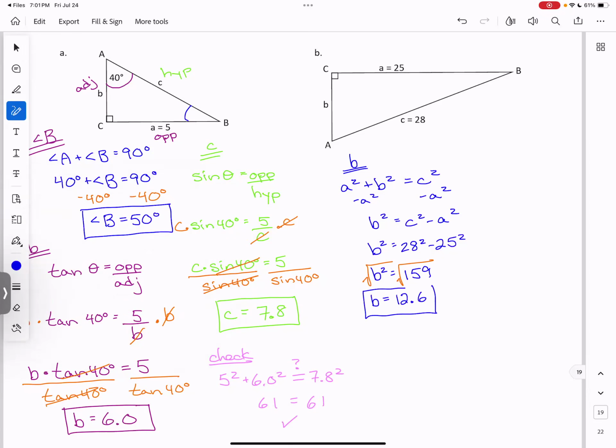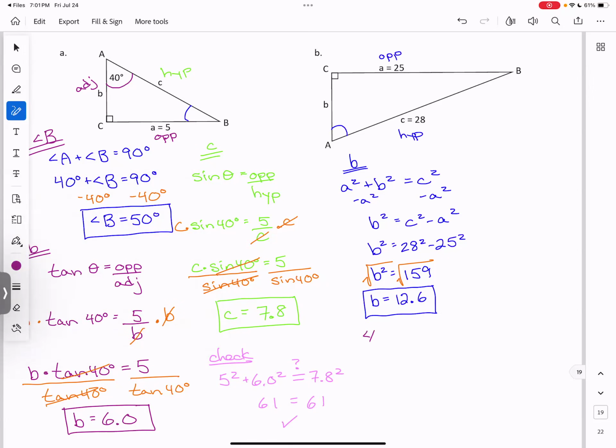Okay, so we have all 3 sides now. Now we need to know our angles. So let's start with angle A. Relative to angle A, I'm going to try to use the known information I've been given. So little a is my opposite side, and c is my hypotenuse.